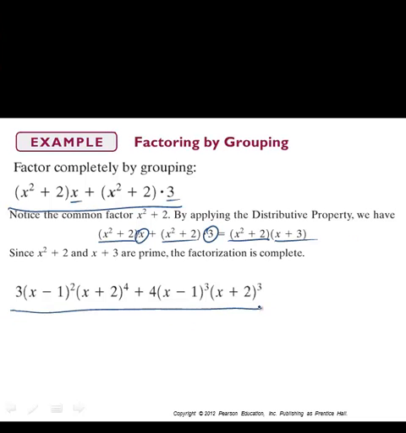Now let's look at this guy right here. What do you notice as factors that are common to both terms? Well, you have x minus 1. Not only x minus 1, you got two factors of x minus 1 here and also within there. I know there are three factors there, but what factors are common to both terms? And the answer is two factors of x minus 1 and three factors of x plus 2 there and there.